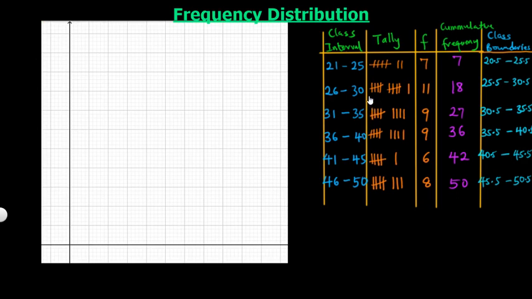This is my own graph here. In doing this, this axis is my cumulative frequency. Okay, let me use red. Cumulative frequency. And this is the region of class boundaries. So I want to plot cumulative frequency against class boundaries.